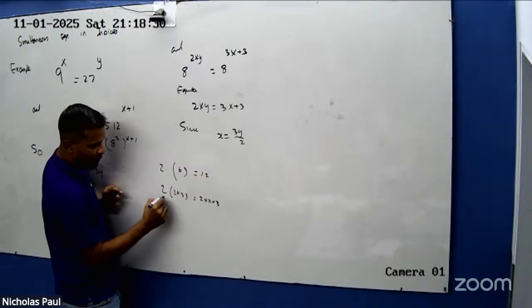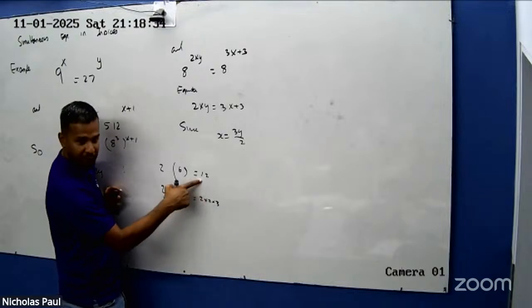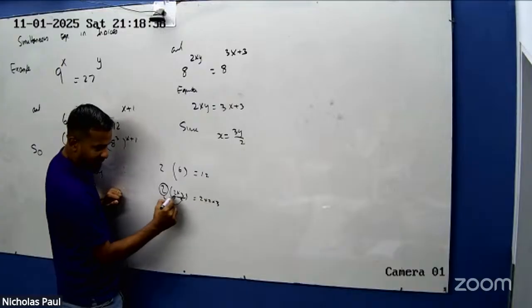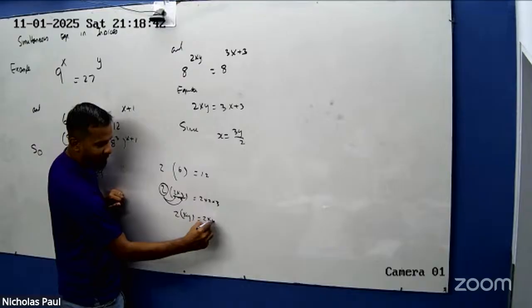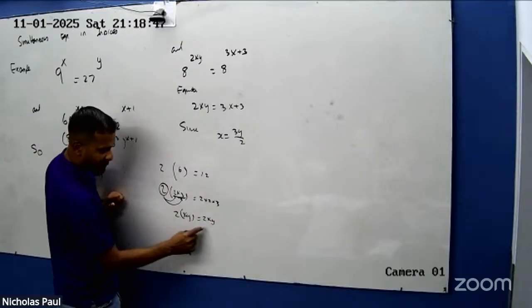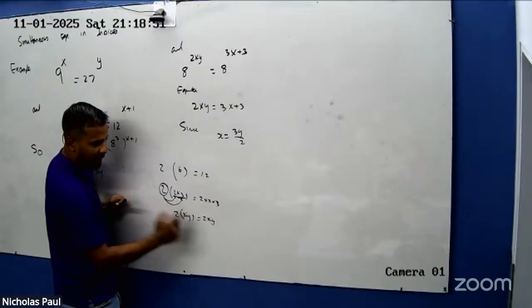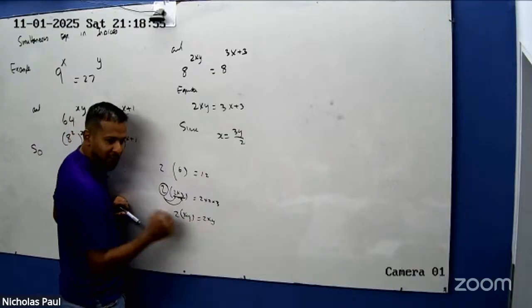Or is it 2 by 2 and then 2 by 3? No, right? Because you'll end up with something different. So you're multiplying 2 by just this alone. So 2 by xy is simply 2xy. Not 2 by x and 2 by y. It's 2 by either of them, if you want to put it out. So it's not 2 by x by 2 by y. No. It's just 2 by xy.